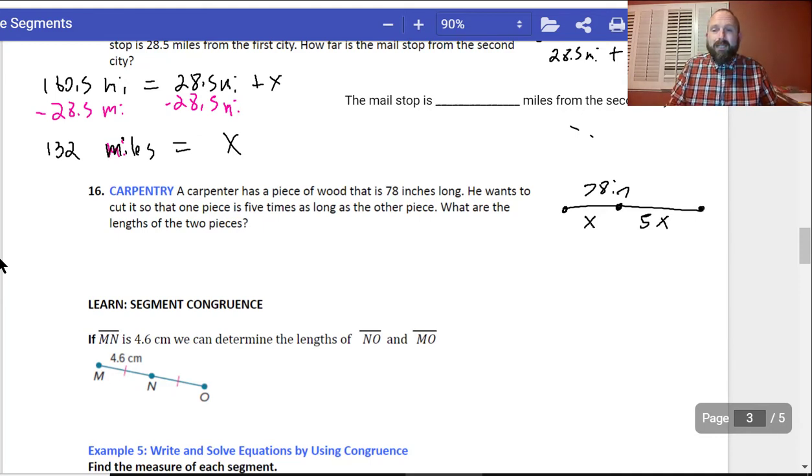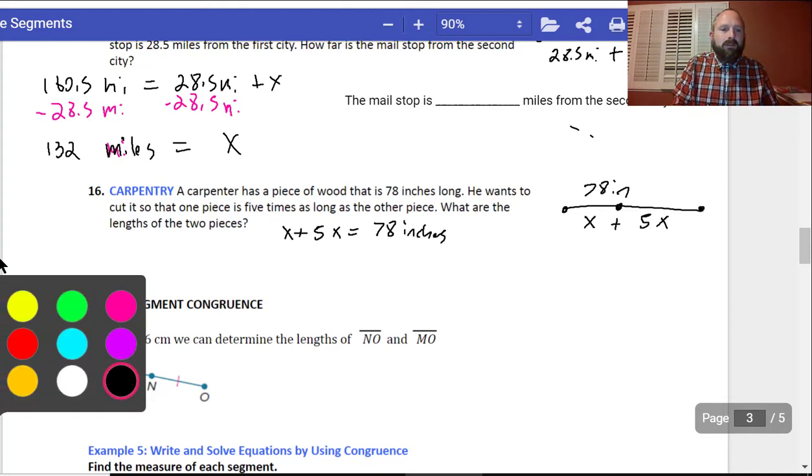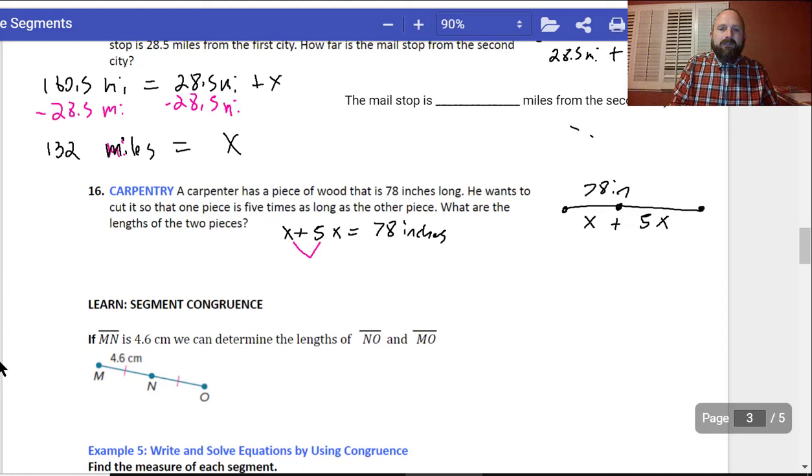We're going to have x plus 5x equals 78 inches. 1x plus 5x is 6x, equal to 78 inches.